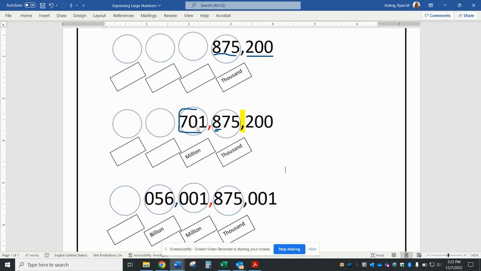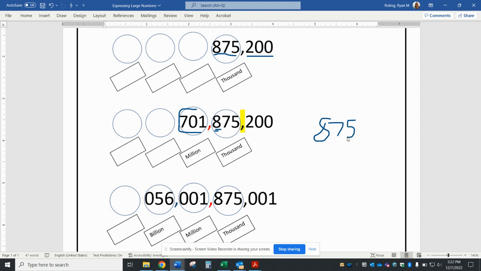A common mistake that people will make is instead of saying eight hundred seventy-five thousand, two hundred, they'll say eight seventy-five thousand, two hundred. Or here they'll say seven-oh-one million. And we can't do that when we have commas. If we're just expressing the last 3 numbers, I can say, for example, this number is 875.